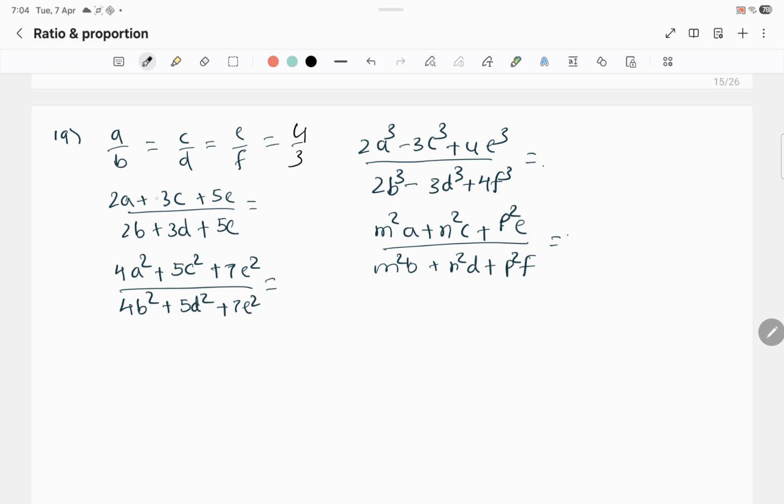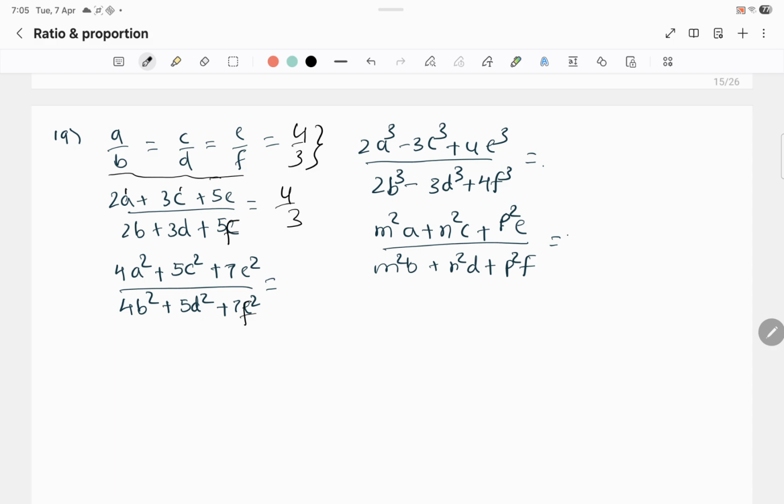Then next question, A by B is equal to C by D is equal to E by F is equal to again 4 by 3 given. Now 2A by 2B, 3C by 3D, 5E by 5F is equal to what? 4 by 3 again. See here it is power 1, so we got 4 by 3.